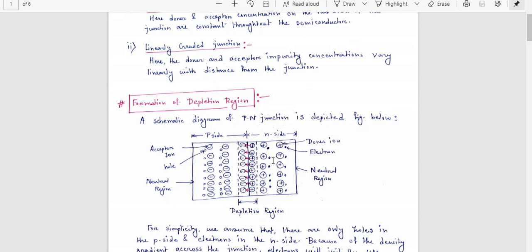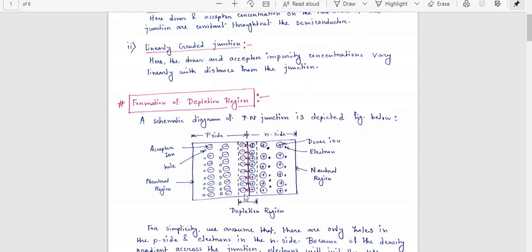So electrons will try to move from the right to the left side and holes will try to move from the left to the right side. When this movement occurs, electrons and holes combine with each other and neutralize. After a certain time, it is seen that only these charges are left near the junction: the negatively charged acceptor ions and the positively charged donor ions.